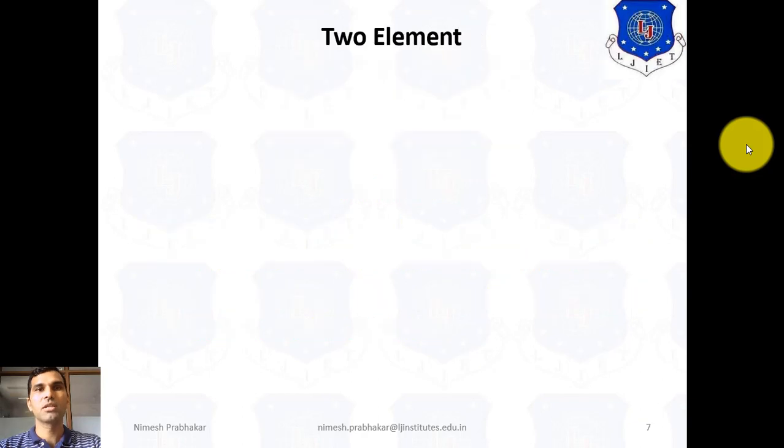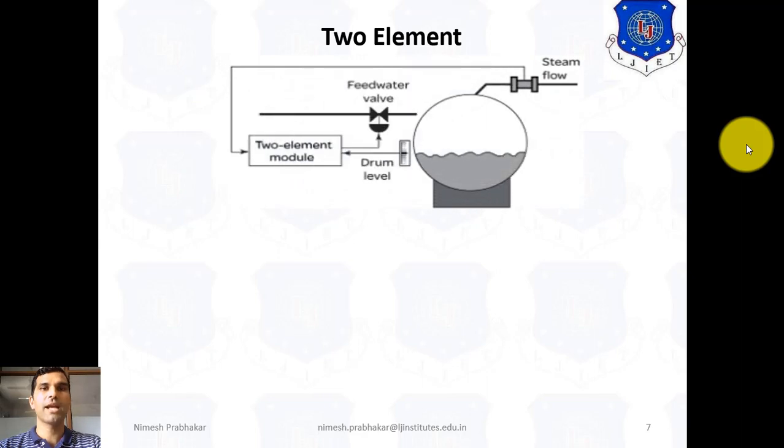Now we discuss the two element level control system. Here, see the diagram of the two element level control system. Here we use two elements. The first one is the drum level controller, the same as in a single element system, but additionally it also measures the steam flow.